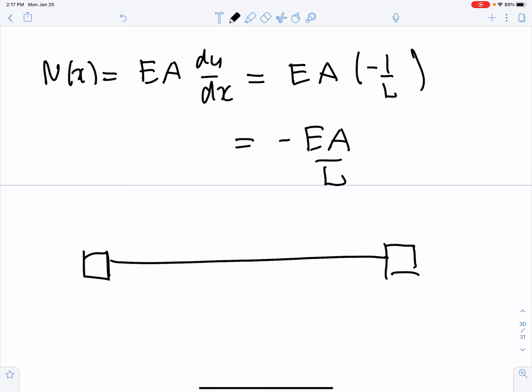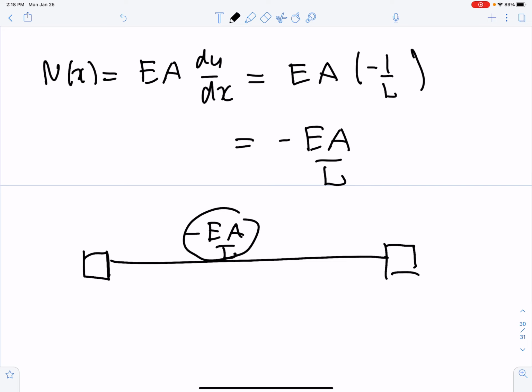It has a constant internal force of minus EA over L. Which means that the nodal forces corresponding to this compression, you just go to each edge and take this number and multiply that by the corresponding normal.